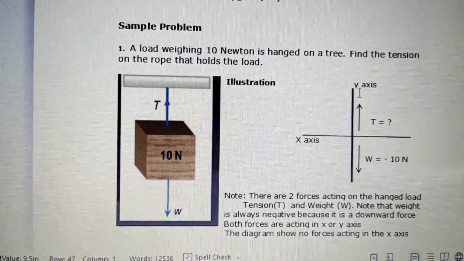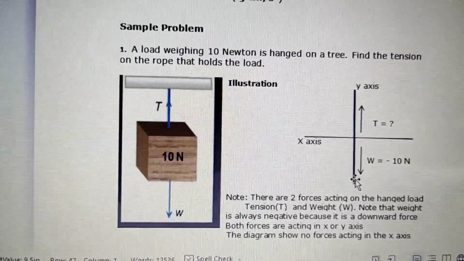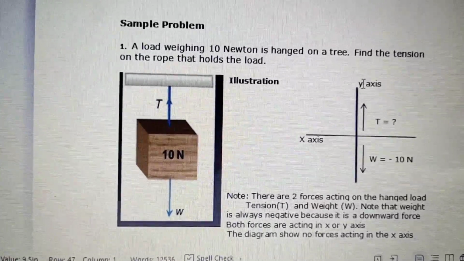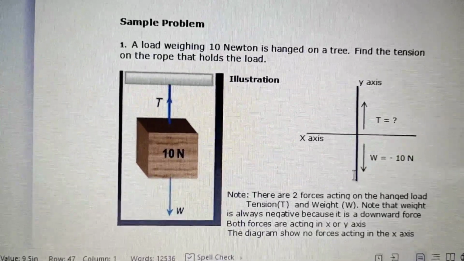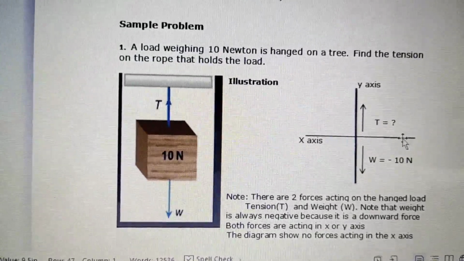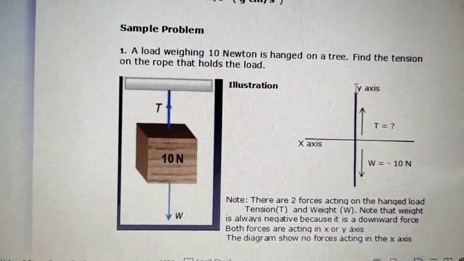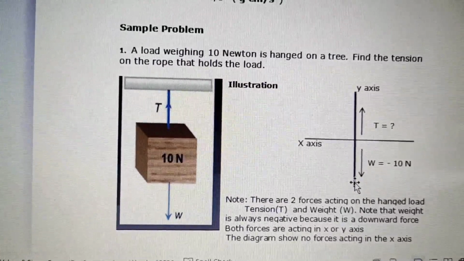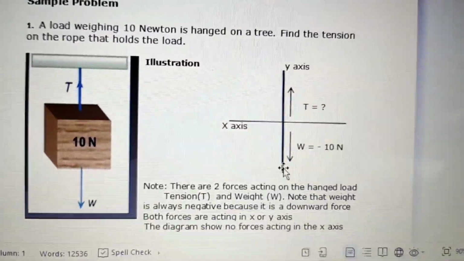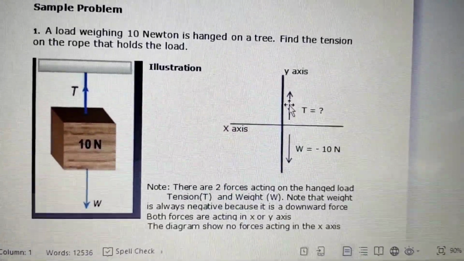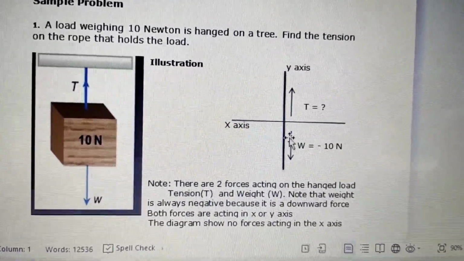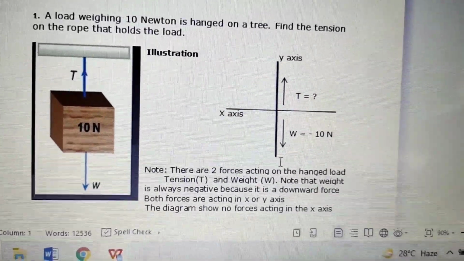In this skeletal illustration, this is the y-axis and this is the x-axis. In the y-axis, we can see forces acting on it: the tension force, or the upward force, and the weight, which is the downward force.